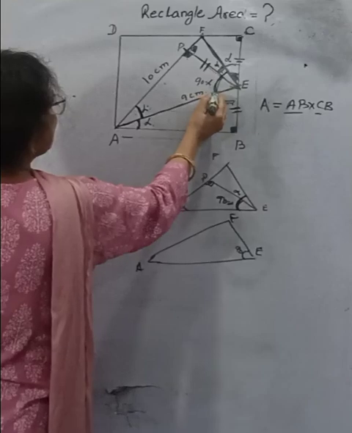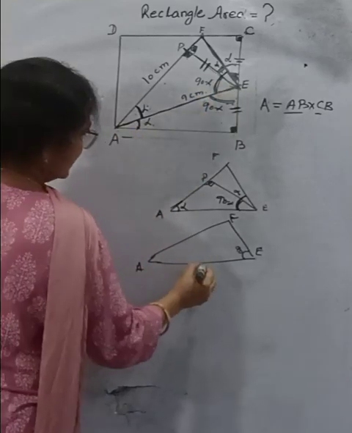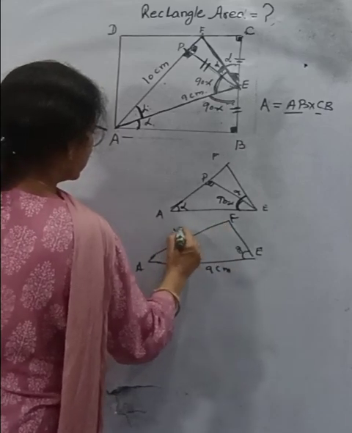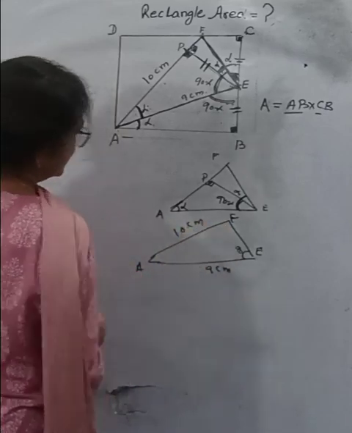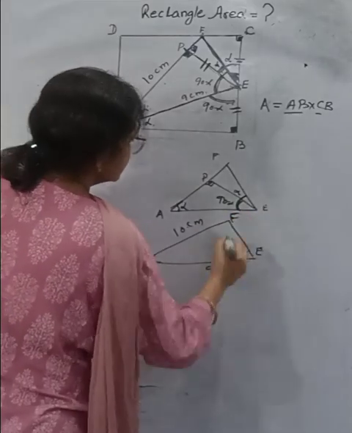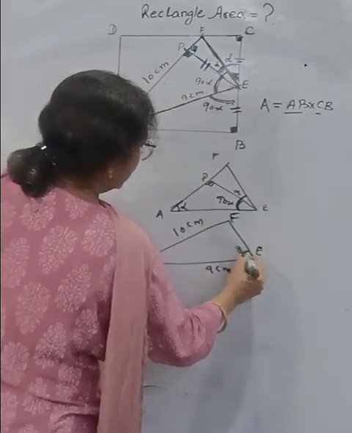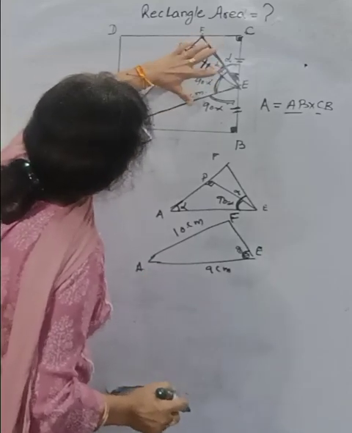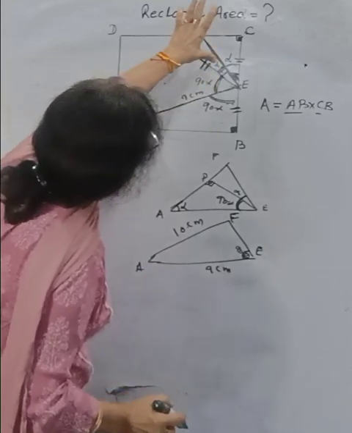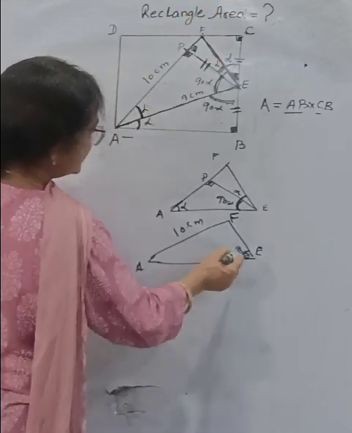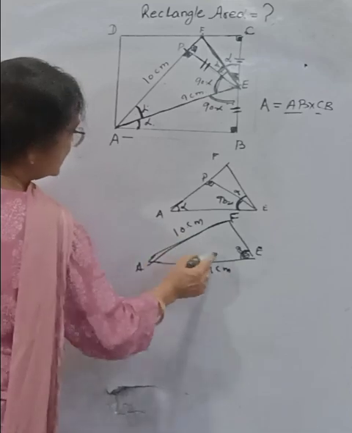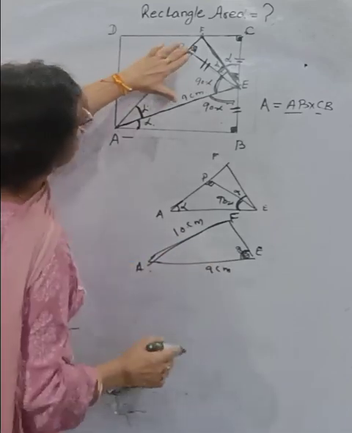This whole becomes 90, this will be the base, 9 centimeters, and this will be the hypotenuse, 10 centimeters. This angle plus this angle: this was 90 minus alpha, and this angle is alpha, so the whole triangle becomes 90, and hence this will be the hypotenuse and this will be the base for this triangle.